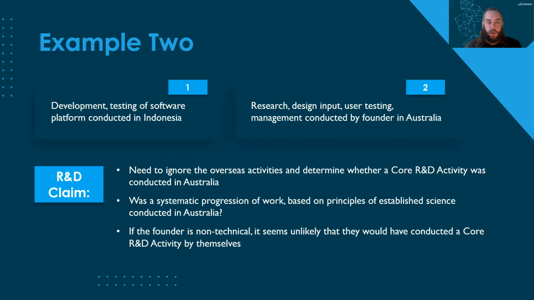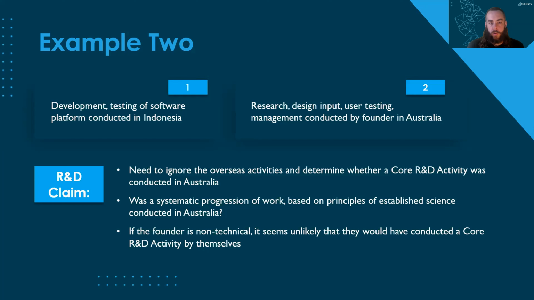Example 2: development and testing of a software platform conducted in Indonesia. The research, design, input, user testing, and management conducted by the founder in Australia. In this instance, it would likely be that the core activity was conducted overseas. You would need to carefully look at what was done, but in this hypothetical example, what would be a core activity is being done overseas, with activity in Australia only supporting.